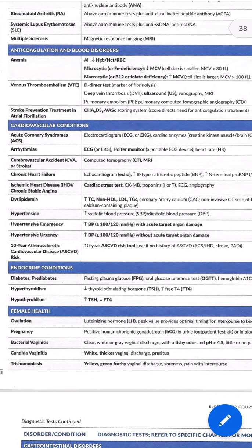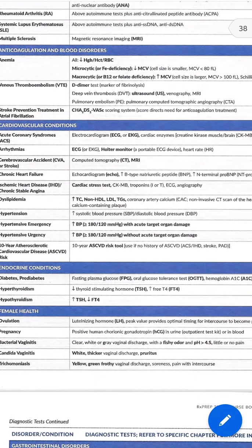Acute coronary syndromes: ECG or EKG, you can use it to diagnose acute coronary syndromes.